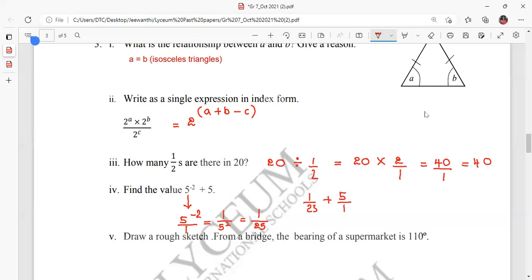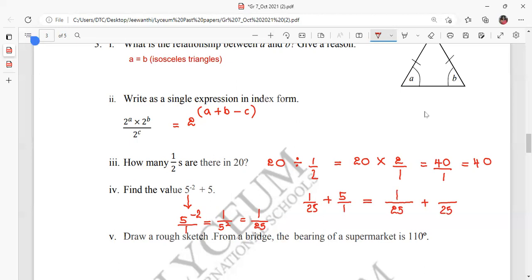So I write this as a fraction like this. Now, with different denominators, I convert them into the same denominator.